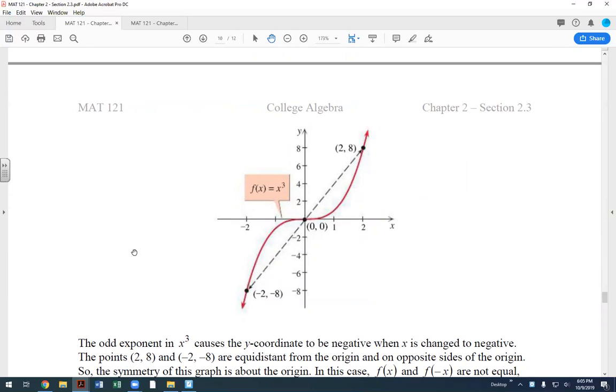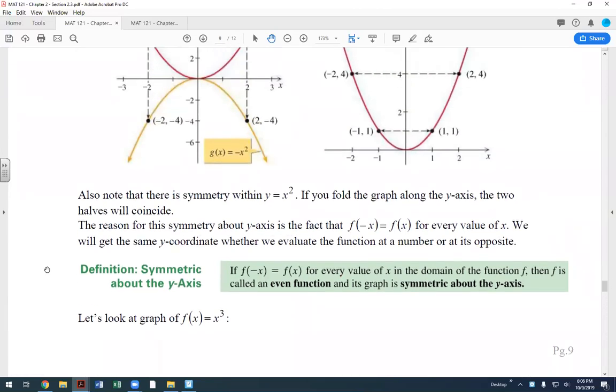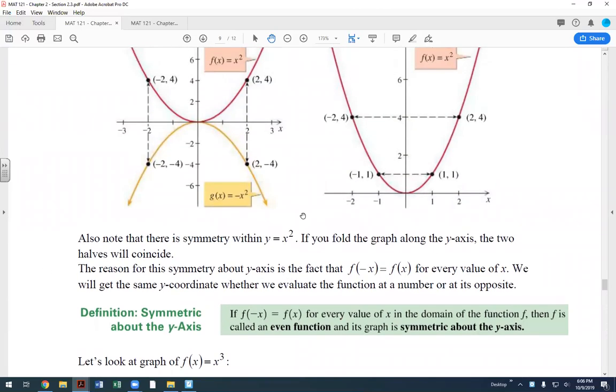So if I'm comparing the points +2, +8, and -2, -8, and I take the distance from the origin, from 0, 0, then this distance on the upper half is going to be the same as the distance on the lower half. So a function like x to the third power, we will actually say it is symmetric about the origin. So it's symmetric about a point. But a function like x squared, our parabola, is symmetric about the y-axis itself.